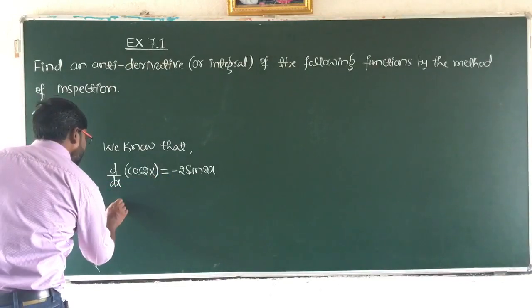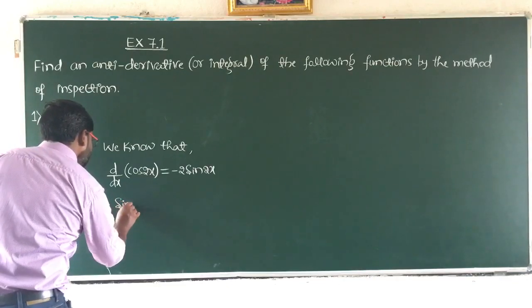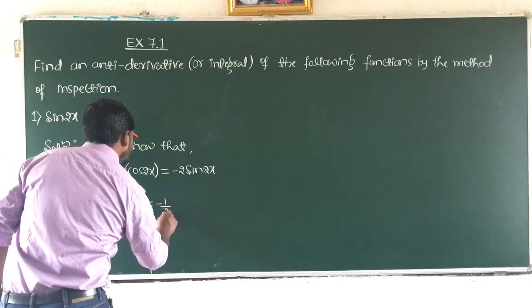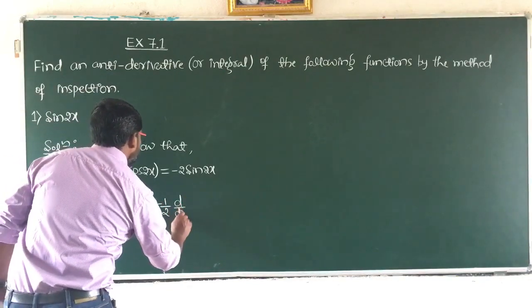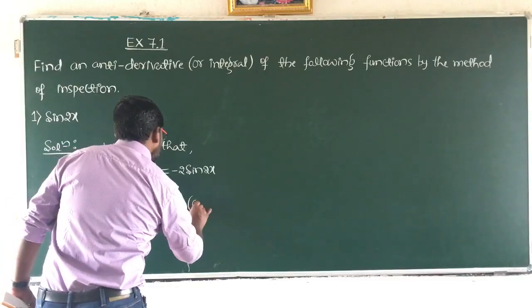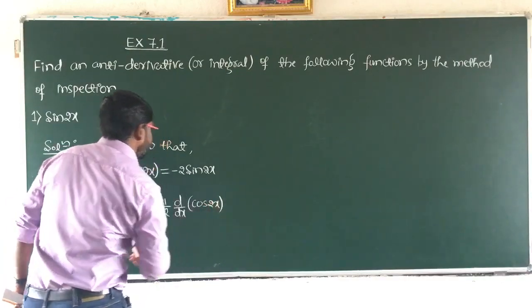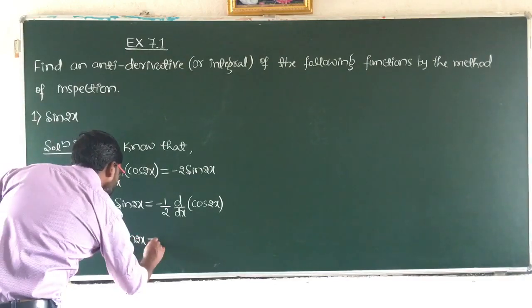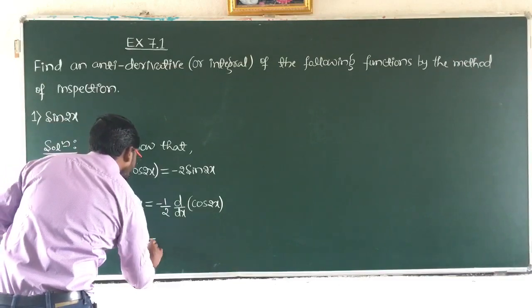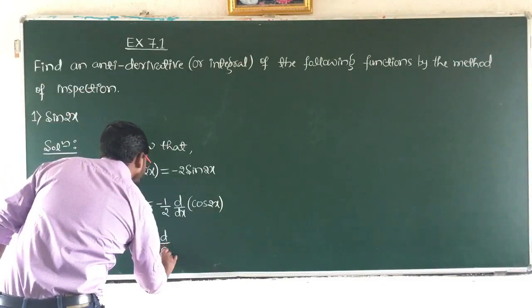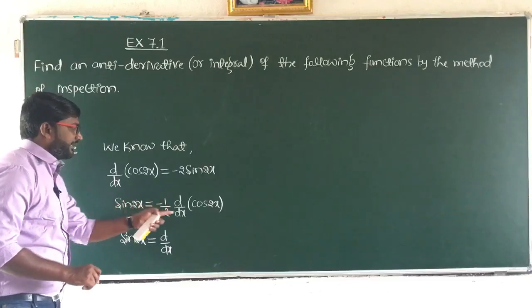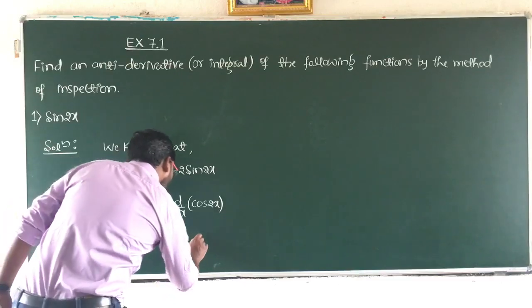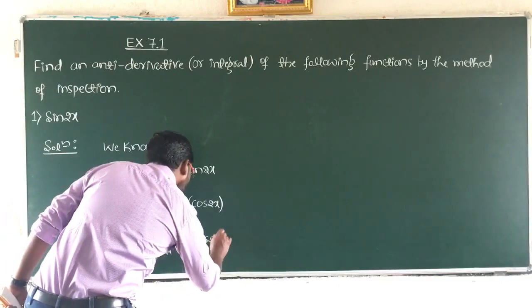So sin 2x is equal to minus 1 by 2 into d by dx of cos 2x. Now taking the constant inside the bracket, sin 2x is equal to d by dx of minus 1 by 2 cos 2x.